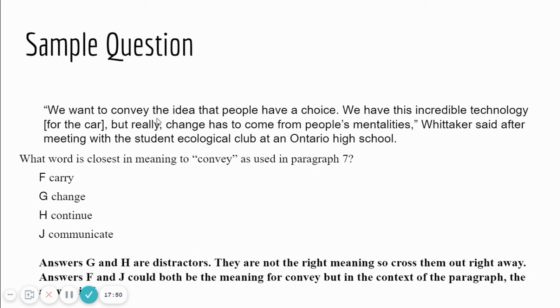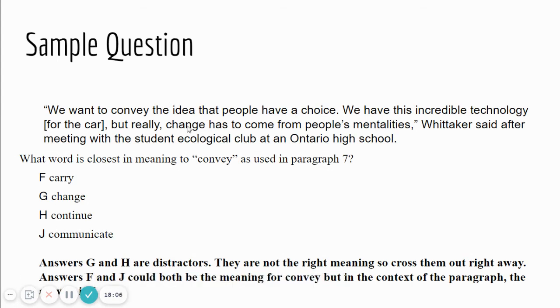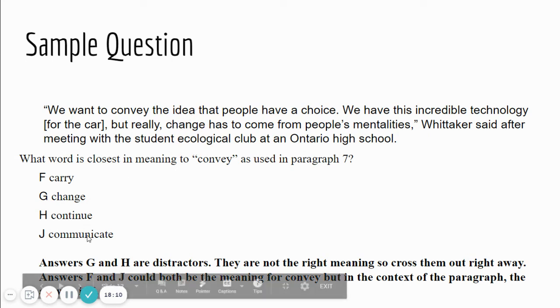We want to change the idea that people have a choice. Maybe. Right? We want to change people's minds, and they talk about change coming from people's mentality. So maybe. I'm going to go with maybe. I'm going to cross out carry. We want to continue the idea that people have a choice. No, because they're talking about changing people's ideas, right? And then we want to communicate the idea that people have a choice. Well, that makes sense.